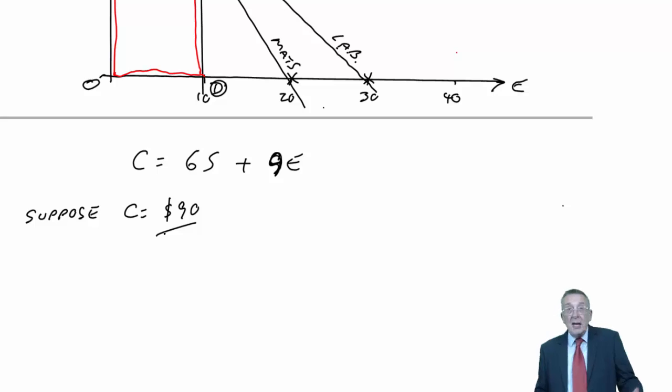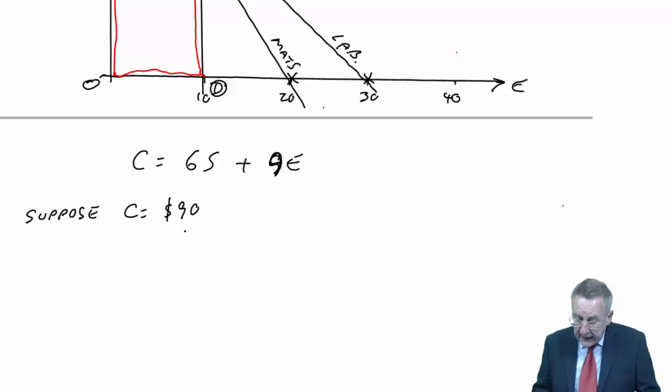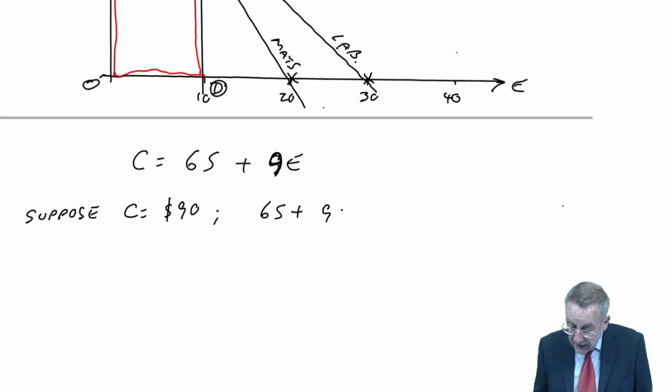Now, for about the 5th time, I don't know that's going to be the final answer. It may be 90, maybe 900. But just suppose for a minute I invented that figure. What would that mean? It would mean that 6S plus 9E was equal to 90.